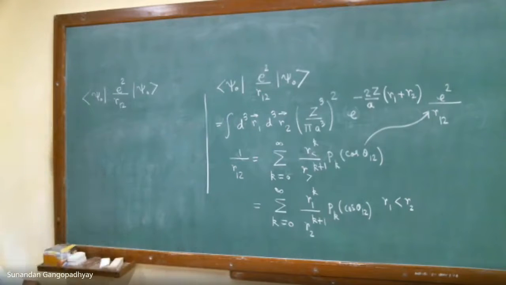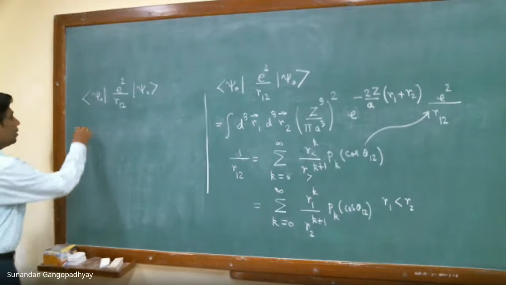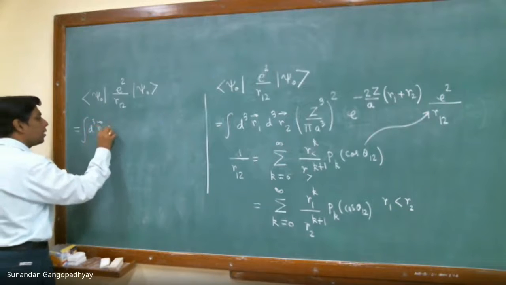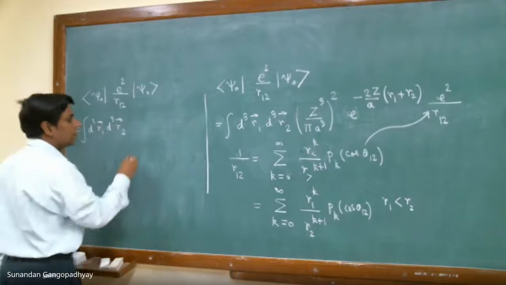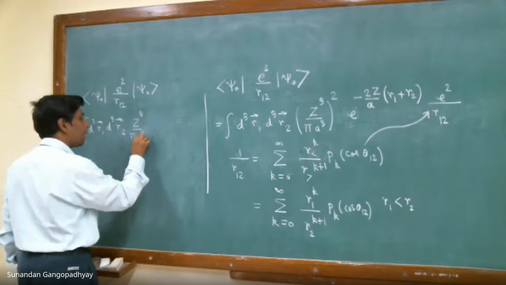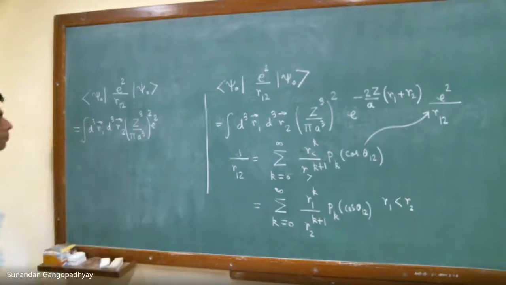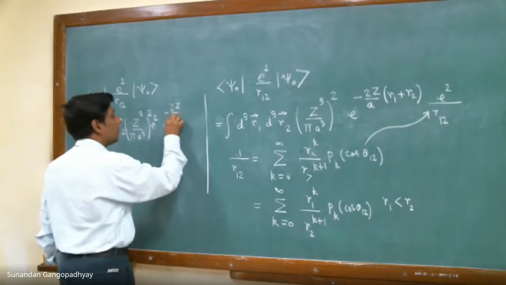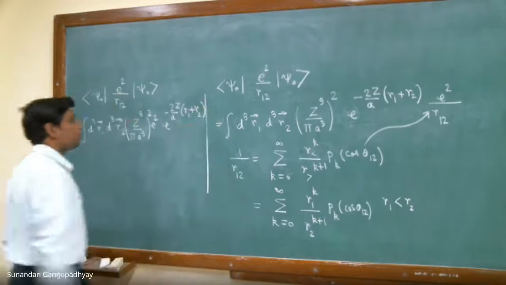So if you just put it in that expression, we will get d cubed r1 vector d cubed r2 vector. This will give us z cubed by pi d cubed whole square. You have e square multiplied with it, and then you have e to the power of 2z by a (r1 plus r2).